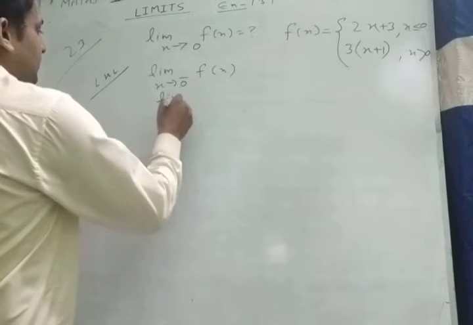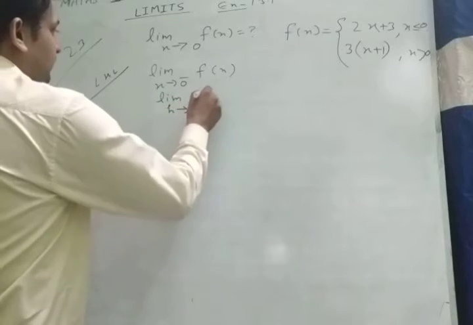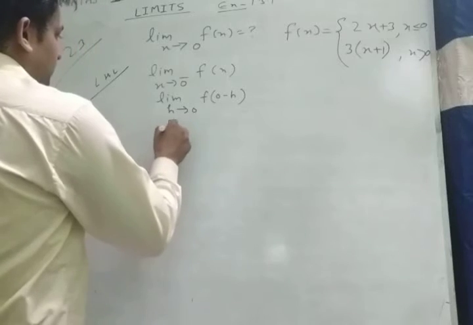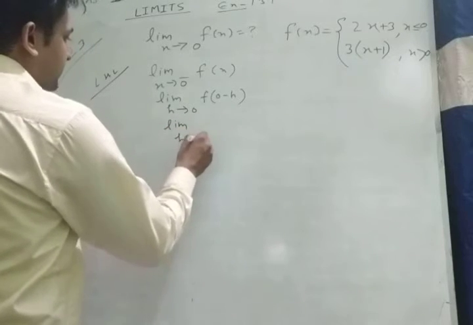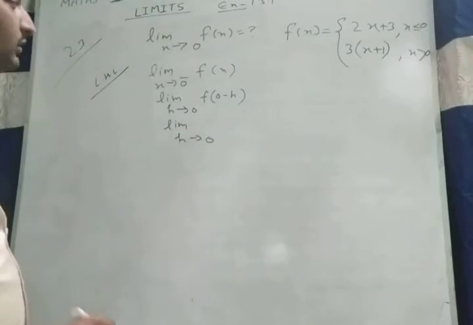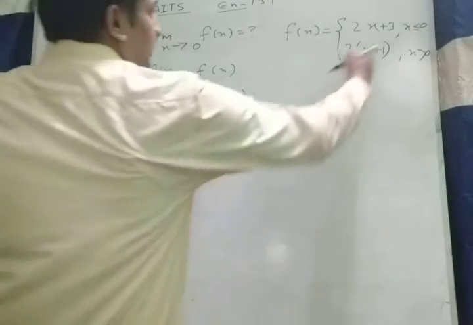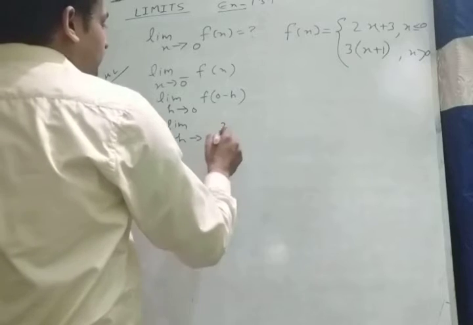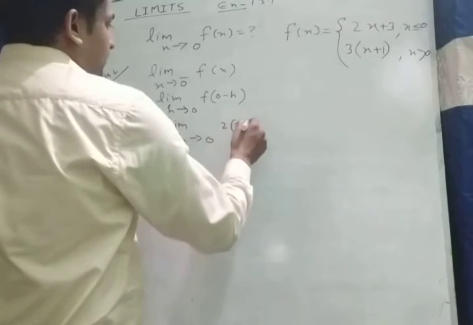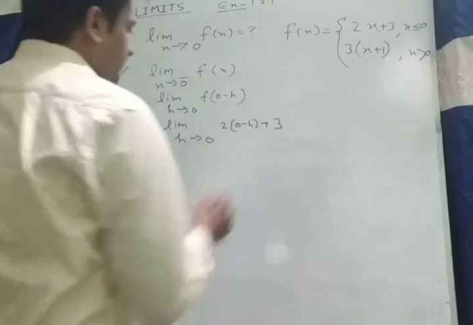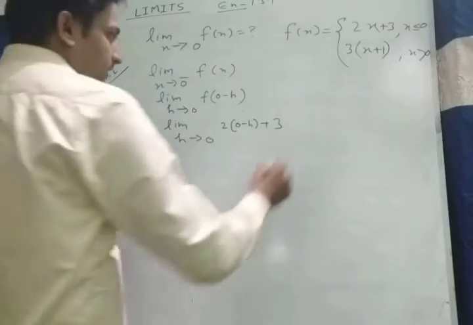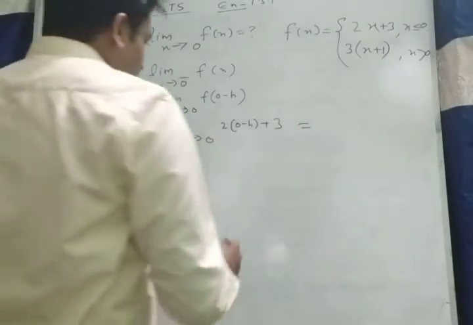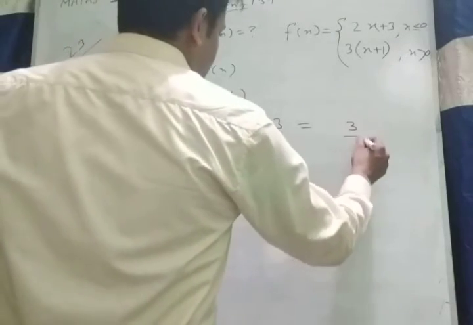Now limit x tends to 0, f(0 minus h), limit h tends to 0. Okay, so x is less than 0, so we can write 2(0 minus h) plus 3. Now value of this is what? Put the value h is 0, so it will be 3.